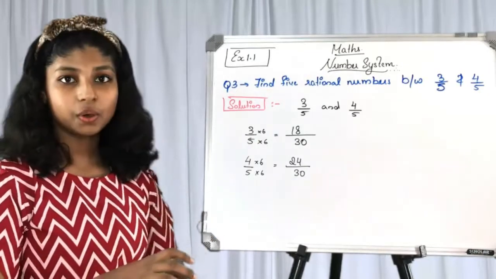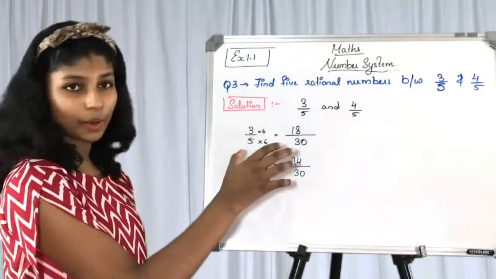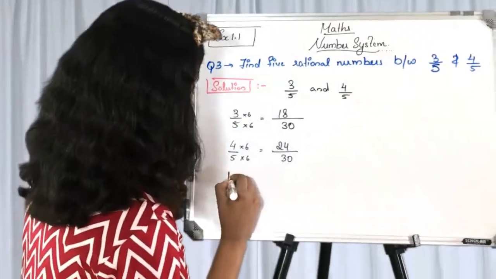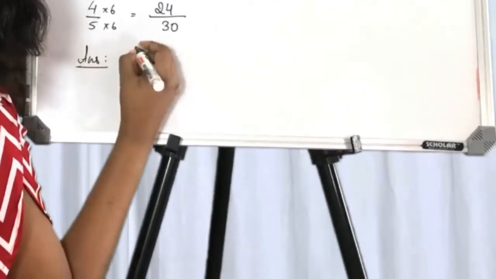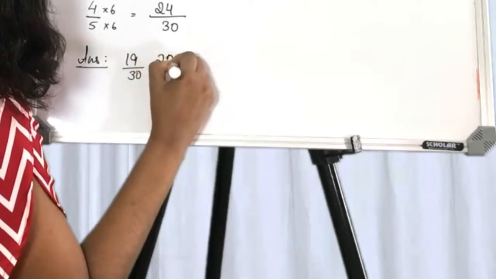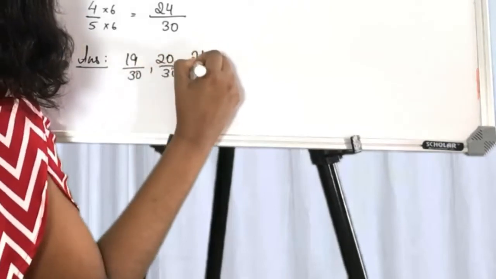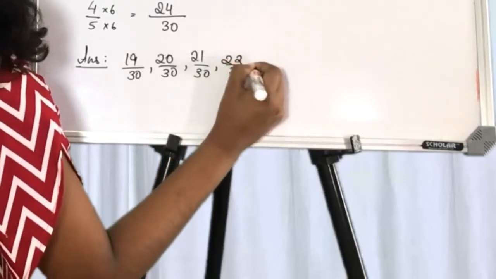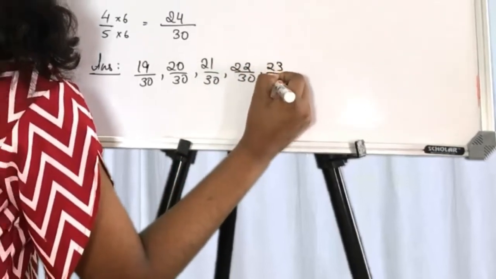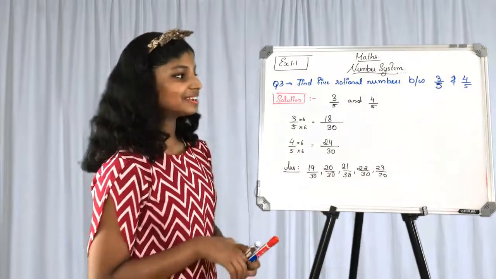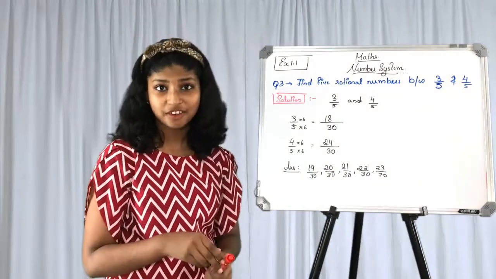This is how you have to solve questions like this, and the answer is 19 by 30, 20 by 30, 21 by 30, 22 by 30, 23 by 30. So these are the 5 numbers between 3 by 5 and 4 by 5.